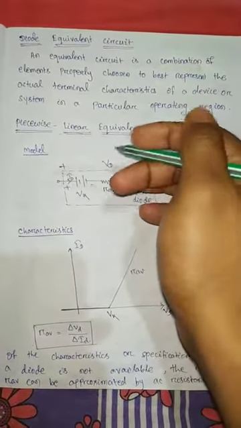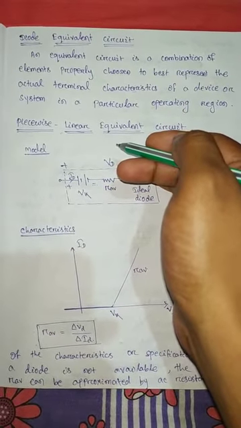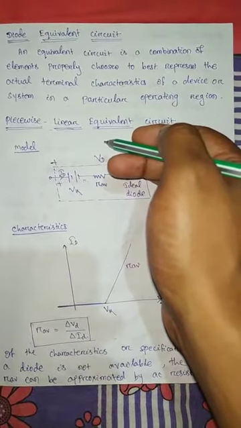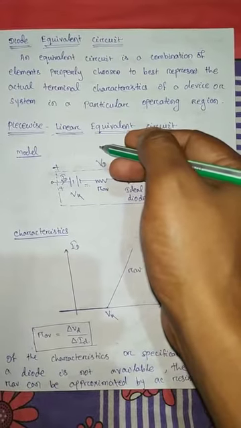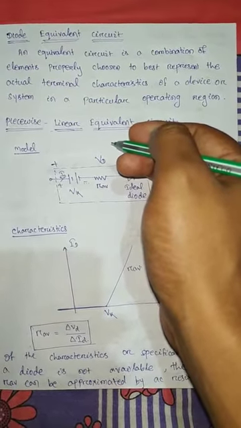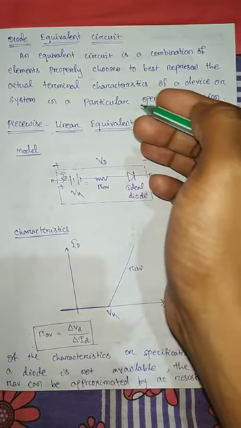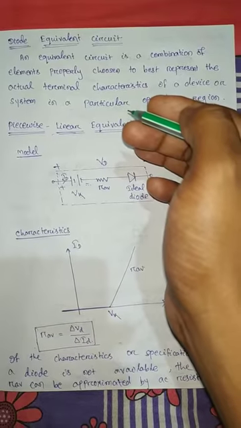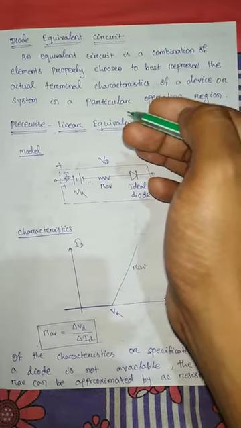The answer is that we cannot easily use traditional circuit analysis techniques like Thevenin's theorem, Norton's theorem, or the superposition theorem with an actual device, that is, if you have a device like a diode or transistor in the circuit, to find parameters like current, voltage, and resistances. So it will not be easy.